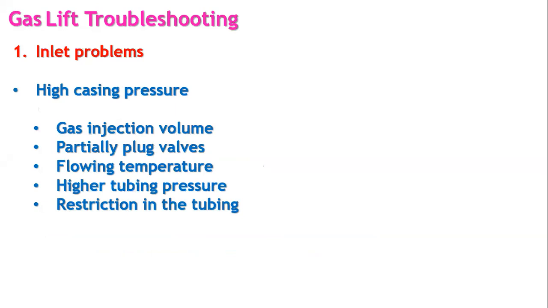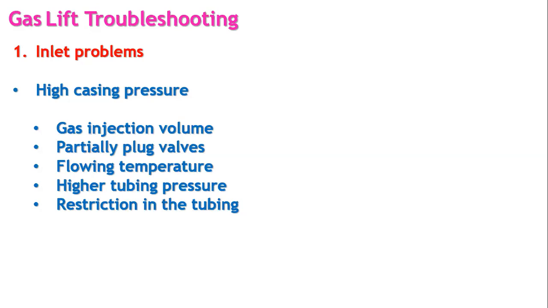Remember that the valves work in the lab under a specific temperature, and the downhole temperature, if it is changing too much, we are dealing with the valve problem. Also higher tubing pressure and restriction in the tubing.